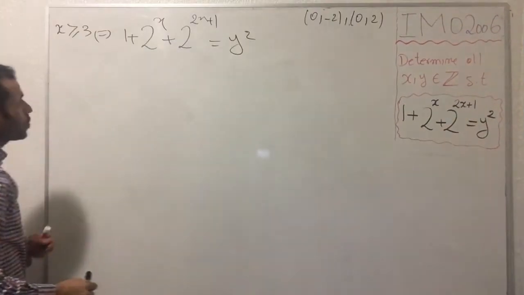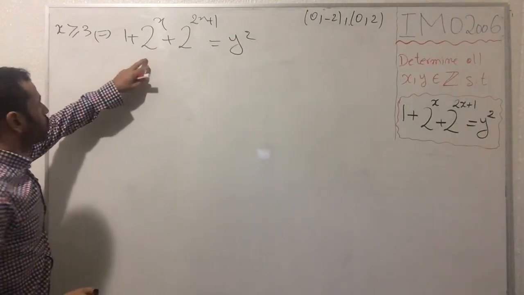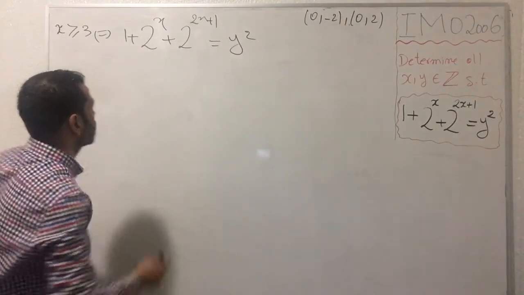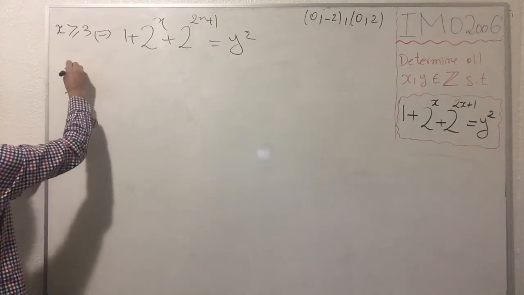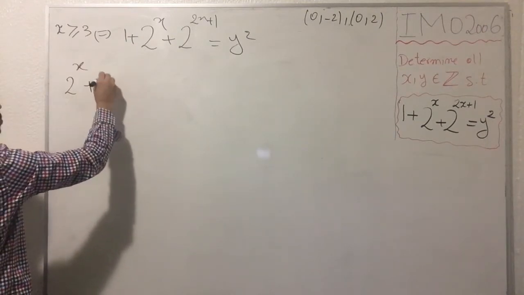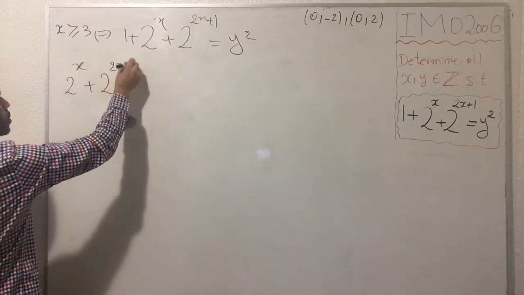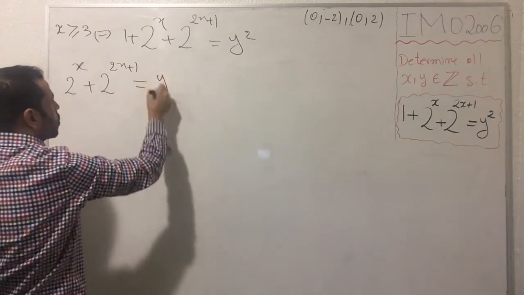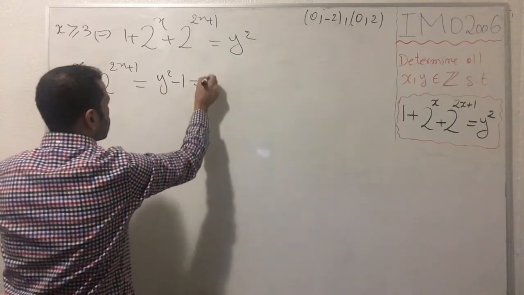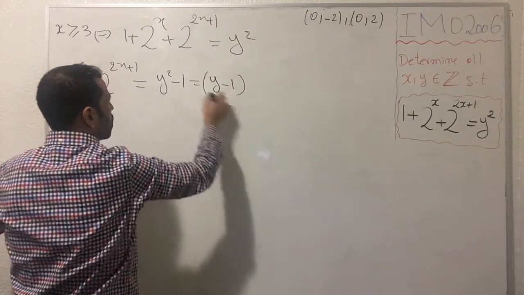Now I'm going to bring the number 1 to the other side. So we'll have 2 to the x plus 2 to the x plus 1 equals y squared minus 1. I can factor this.